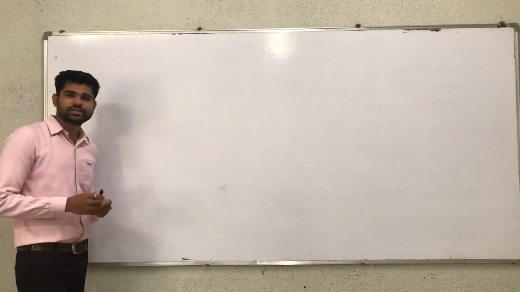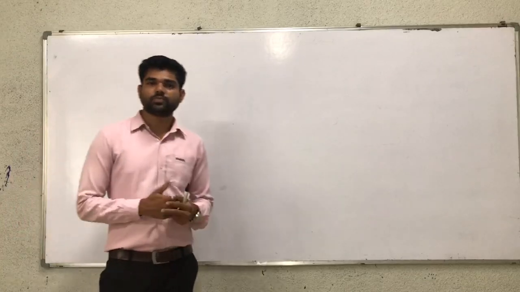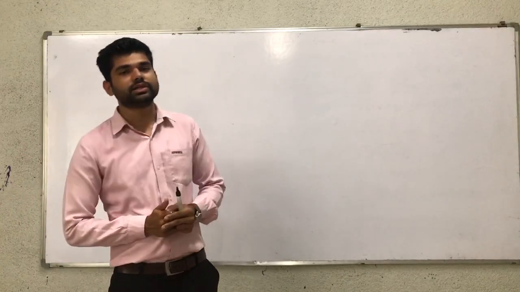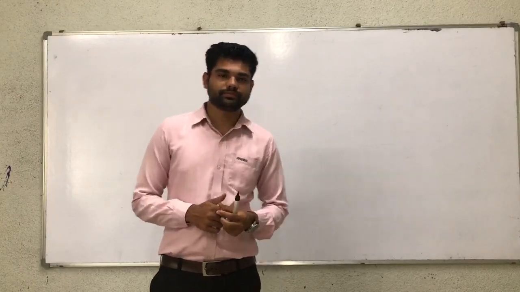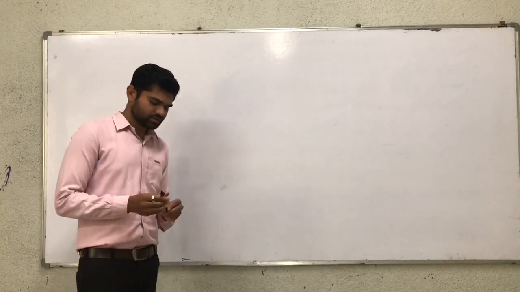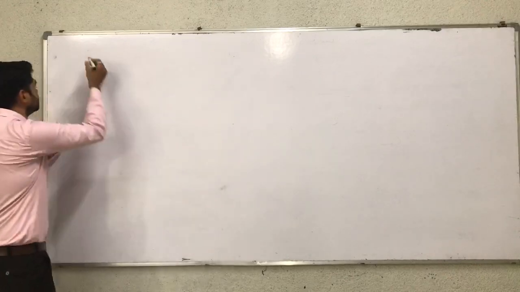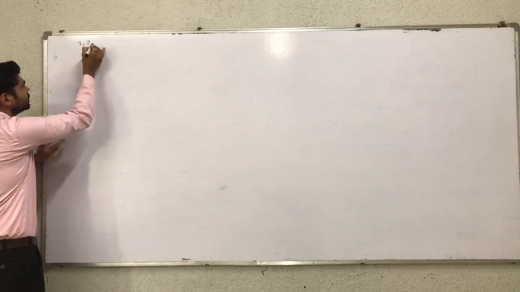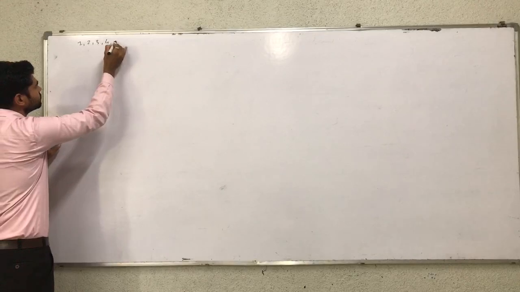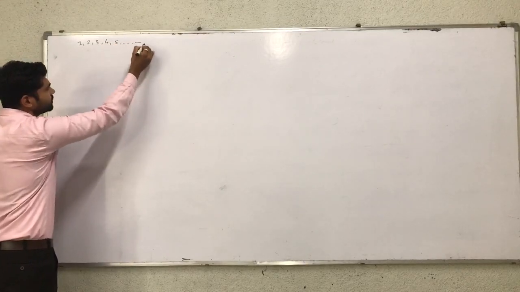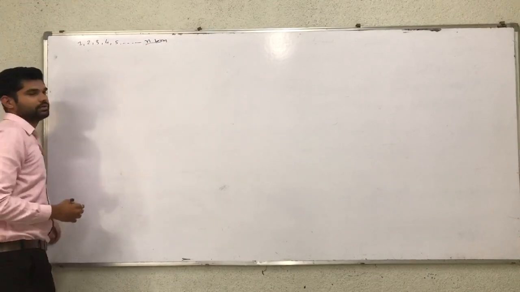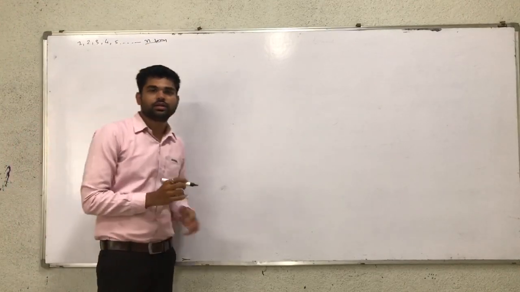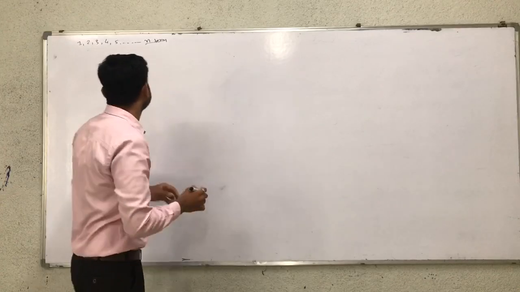So first we understand numbers: positive numbers, negative numbers and the relations between these numbers in different ways. First we write the numbers 1, 2, 3, 4, 5 up to n terms. Up to n means up to the nth term.